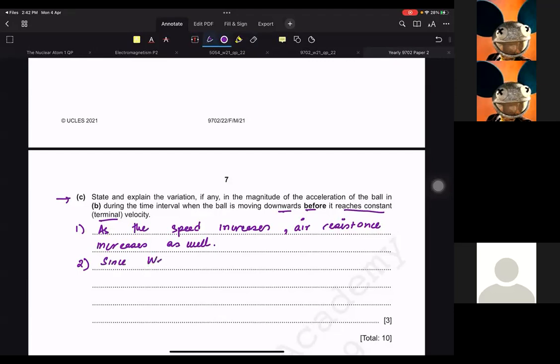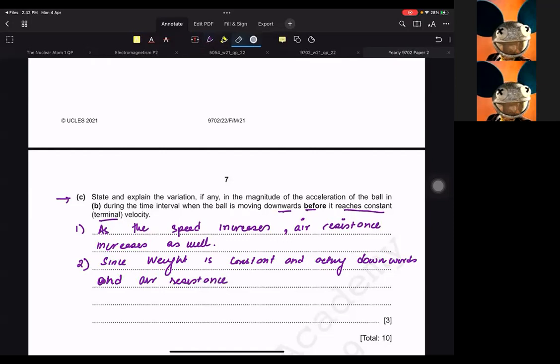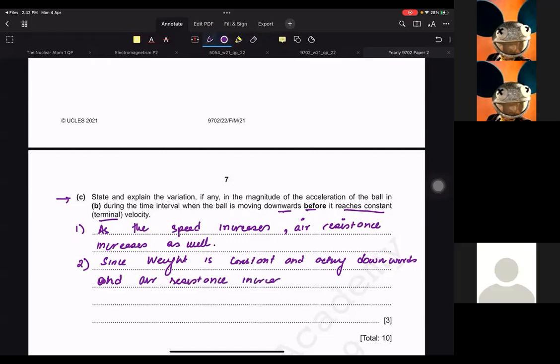Now, the second part would be that since weight is constant and acting downwards, and air resistance increases upwards, the resultant force decreases.